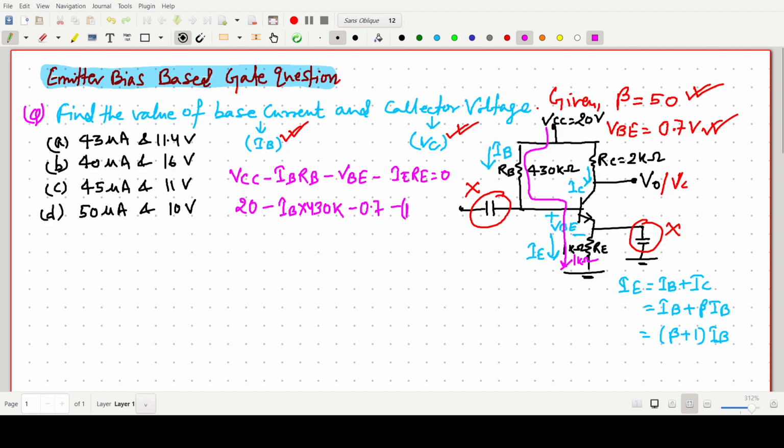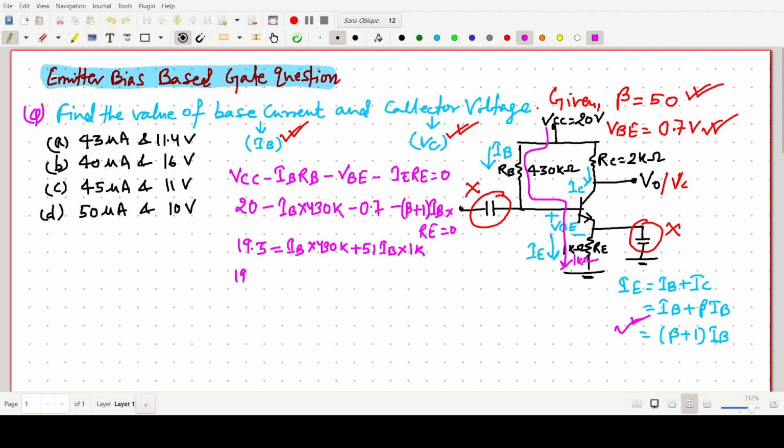So 20 minus 0.7, which is 19.3, equals IB times 430K plus beta plus 1, where beta is 50 so it is 51, times IB into RE, which is 1K.